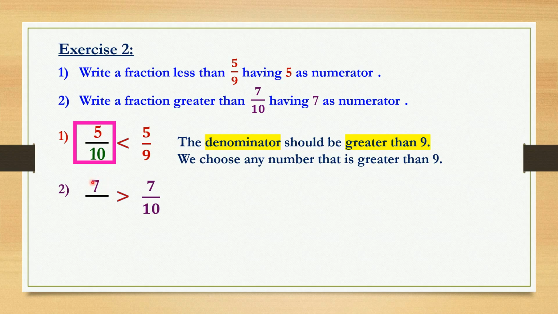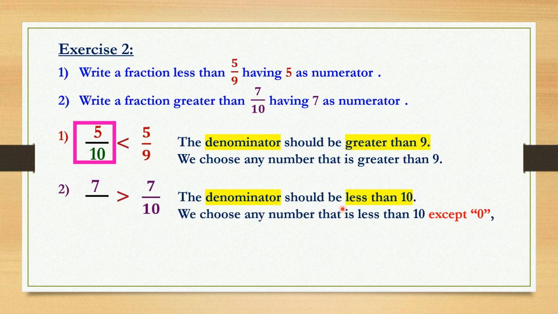If two fractions have the same numerator 7, the greatest fraction is the one that has the smallest denominator. So here, the denominator should be, of course, less than 10. So we choose any number that is less than 10 except for 0. The denominator cannot be 0.